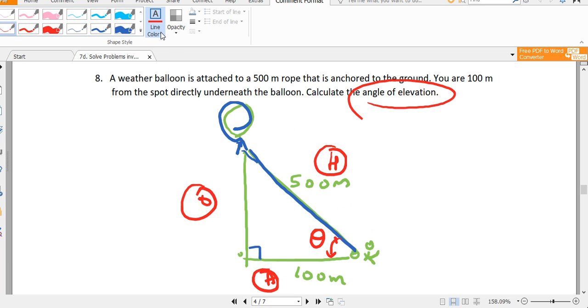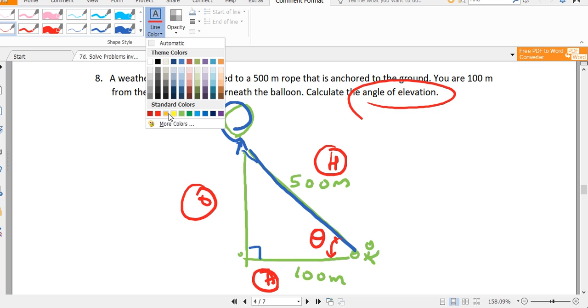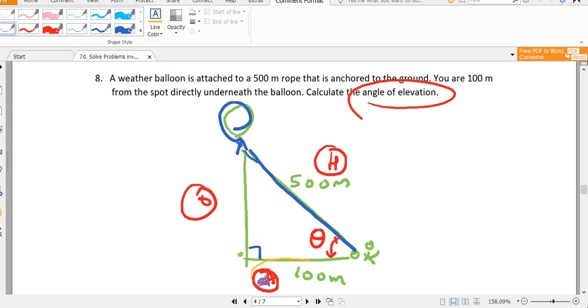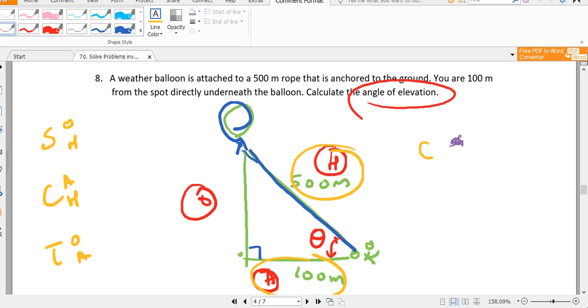So which two uses A and H? SOHCAHTOA, cos. So that means we need cos of our angle is equal to A, which is 100, over H, which is 500, and then we can do the whole cos inverse thing.